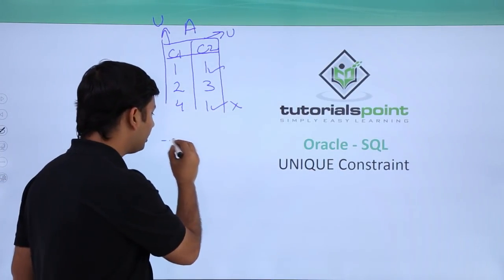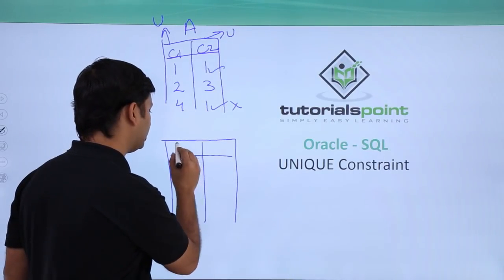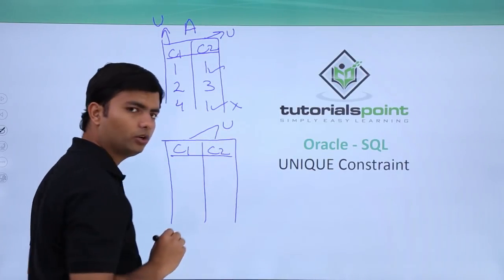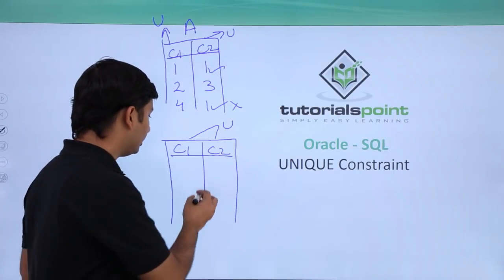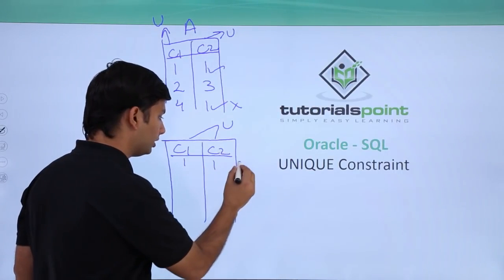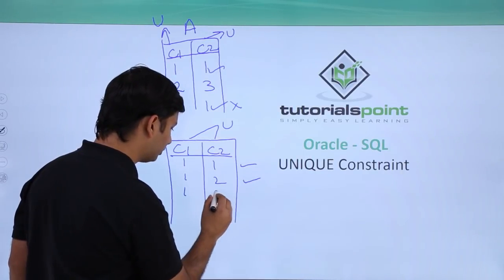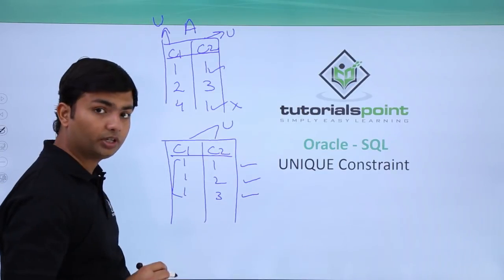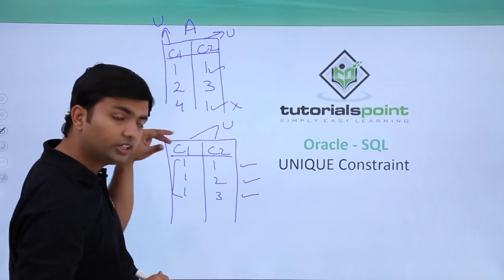But in another case, I have the same table with columns C1 and C2, and here you apply a common unique constraint, so the combination uniqueness will be checked. For example, 1, 1 is fine, 1, 2 is fine, 1, 3 is fine. You can see there are repeated values, but I have not added the constraint on the C1 column specifically.